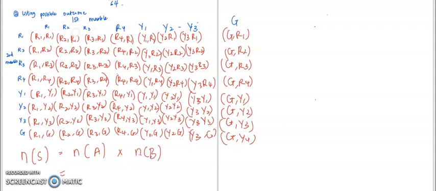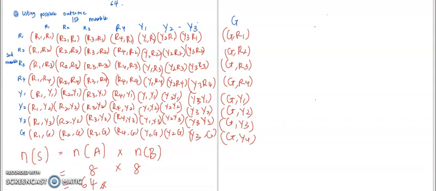So how many possible outcomes? 1, 2, 3, 4, 5, 6, 7, 8. And then the second event is referring to the second marble. So how many possible outcomes? 1, 2, 3, 4, 5, 6, 7, 8. Okay, so 8 times 8, we have 64 as our number of possible outcomes.